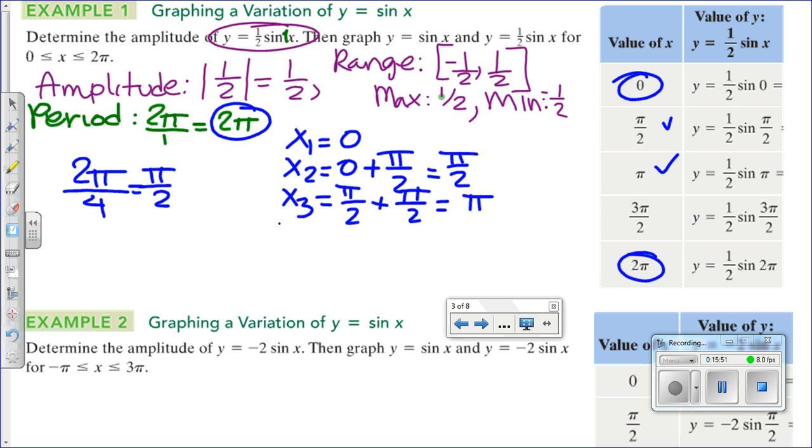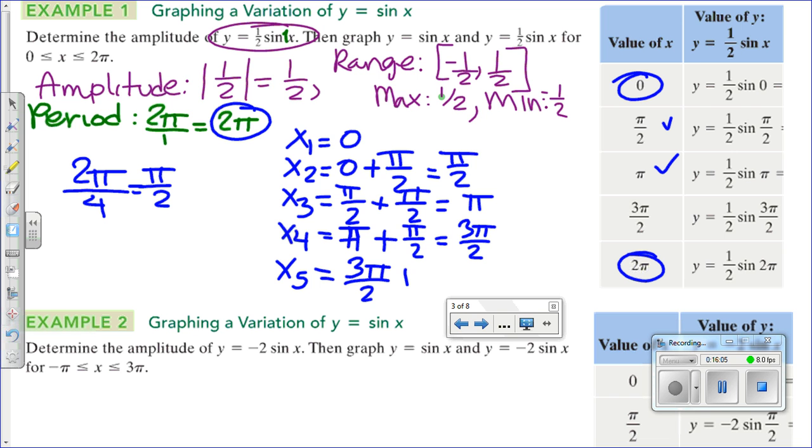And then for x4, it will be pi plus pi over 2, and so that will be 3 pi over 2. Now this one is not really difficult because it's pretty much the same as the parent function, right? So this will give us 4 pi over 2, which is equivalent to 2 pi.